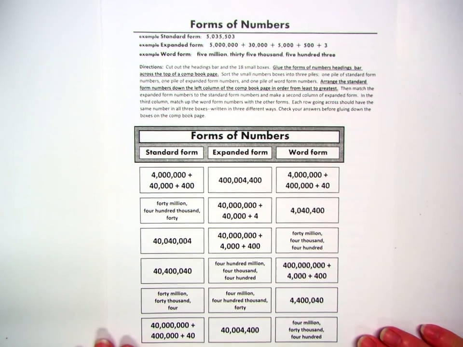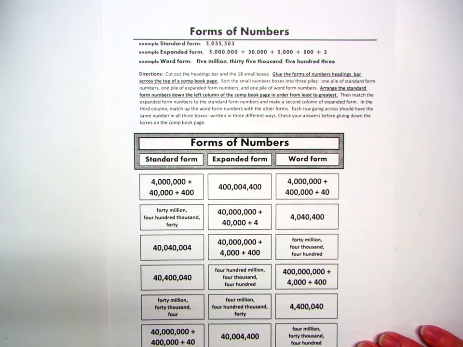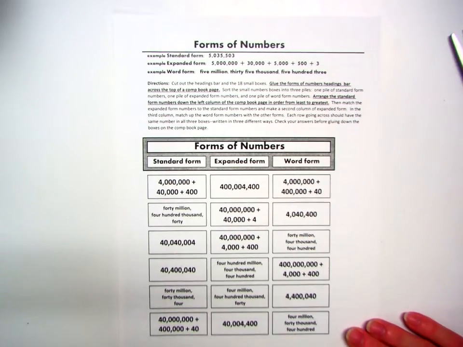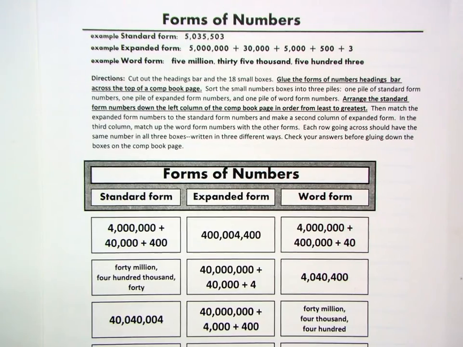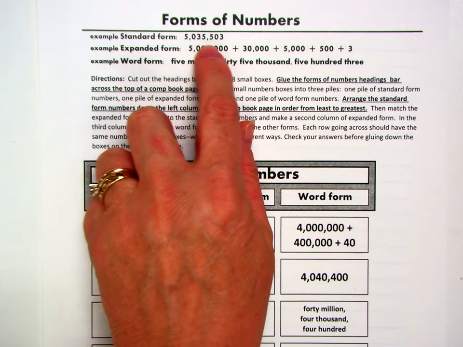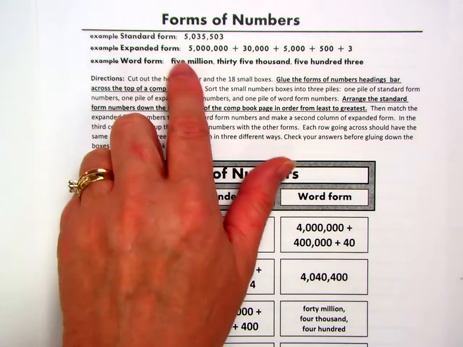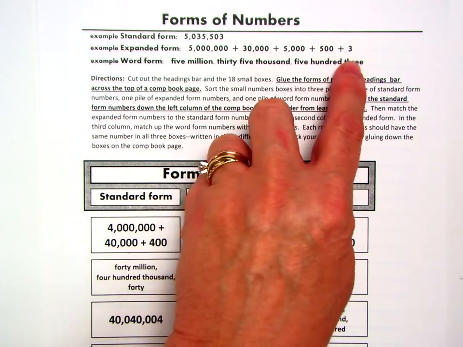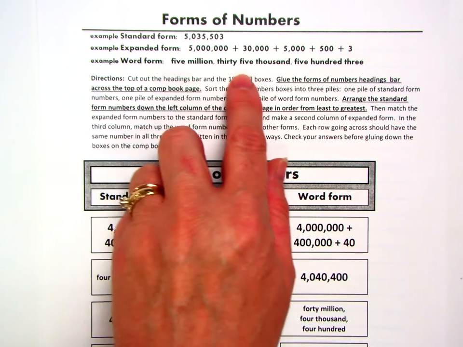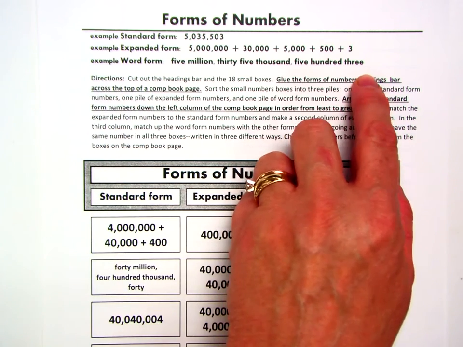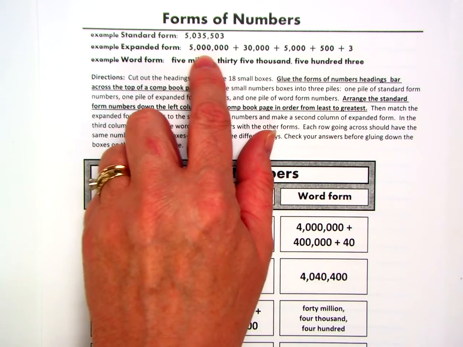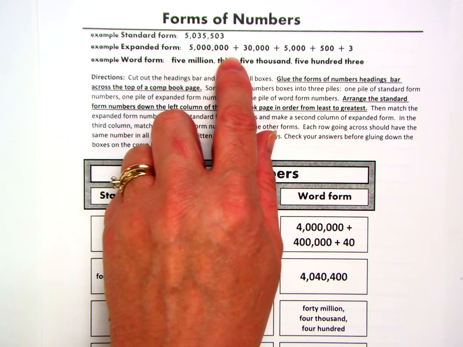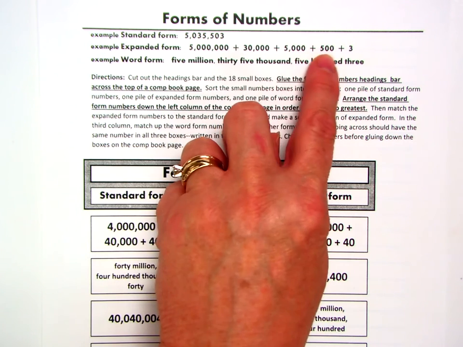First of all, notice that at the top, I'm going to zoom in just a little bit first to read the directions. At the top, it gives an example of standard form, an example of expanded form, an example of word form. Notice that each of these numbers in expanded form only has one digit at the front that isn't a 0.